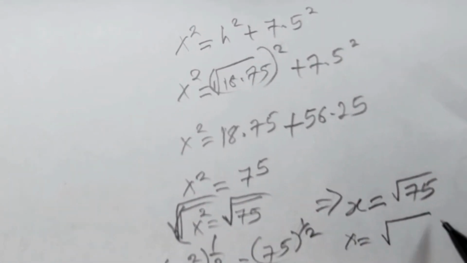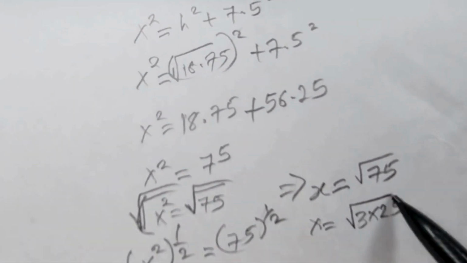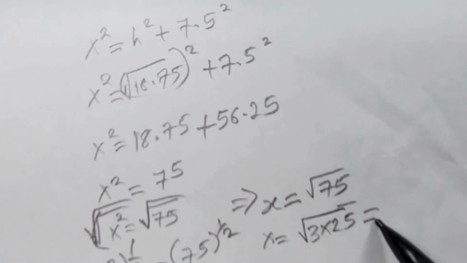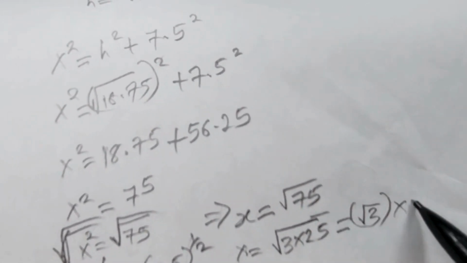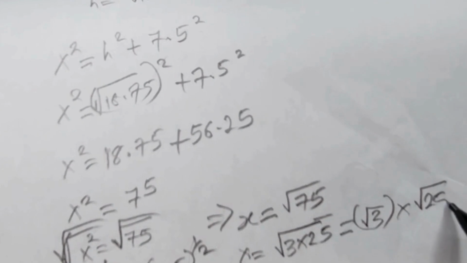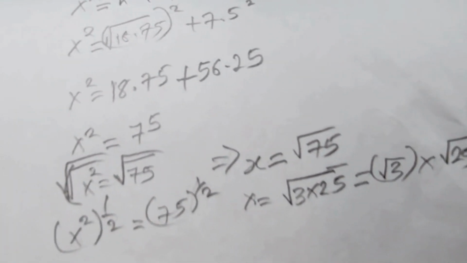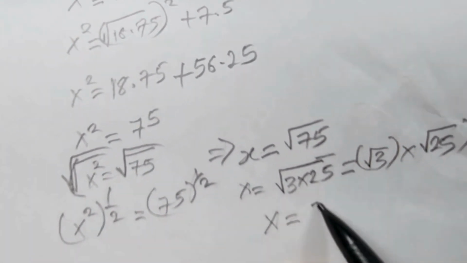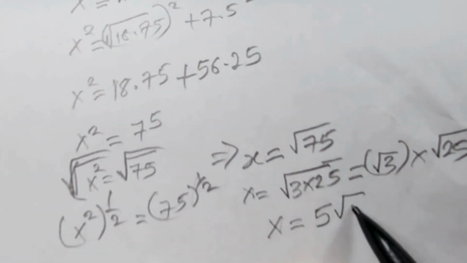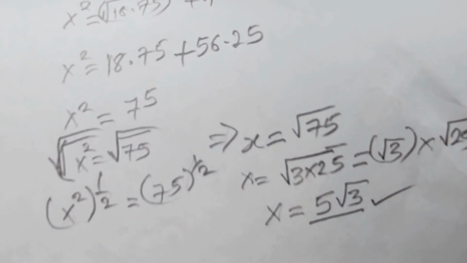We can rewrite 75 as 3 times 25, which is the same thing as root 3 times root 25. And then x is equal to 5 root 3. And that is our answer for this question.